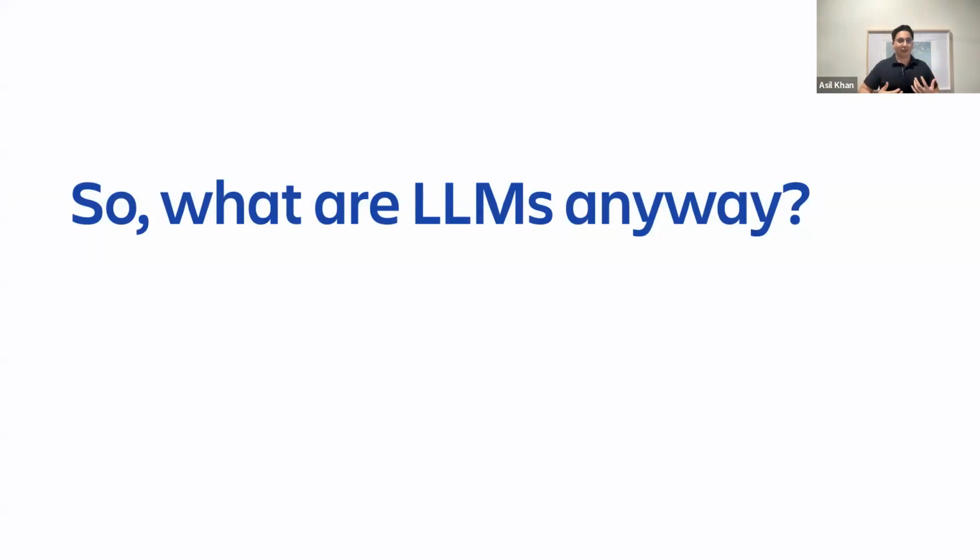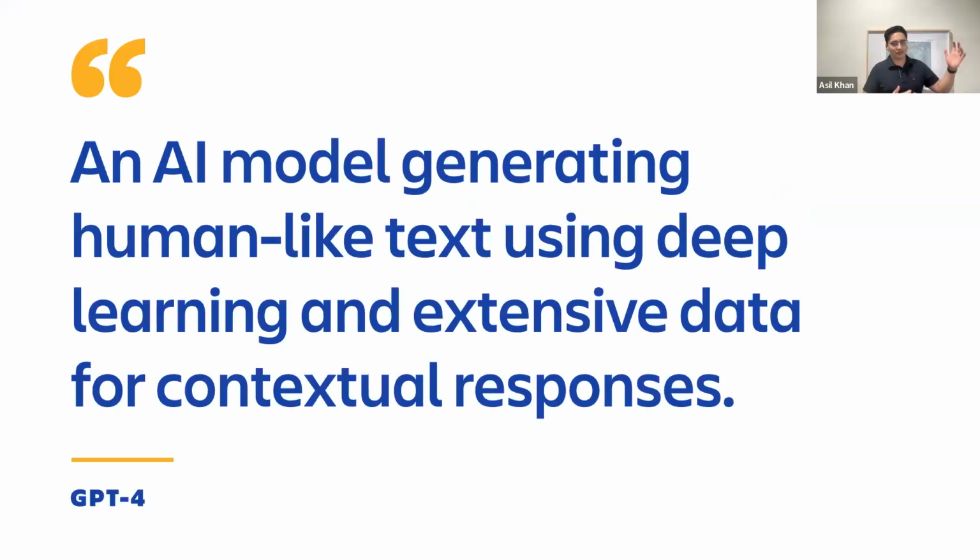I didn't really know at the start when I was putting this together, so I asked an LLM myself. According to ChatGPT, a large language model is an AI model generating human-like text using deep learning and extensive data for contextual responses. So what does that mean?